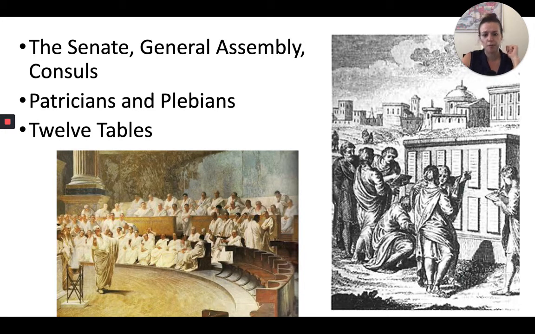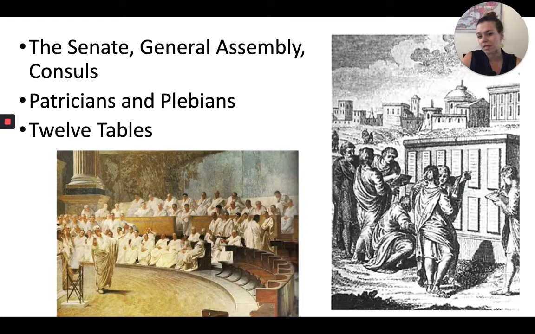All the rules were printed out on 12 tables, and they were passed out in all the cities of Rome. So the tribunes were full of plebeians who could either veto or block the actions of the assembly. So it gives the plebeians a little bit more power.